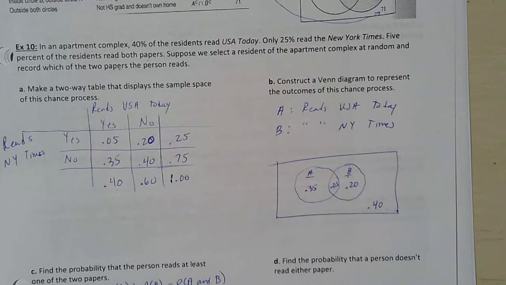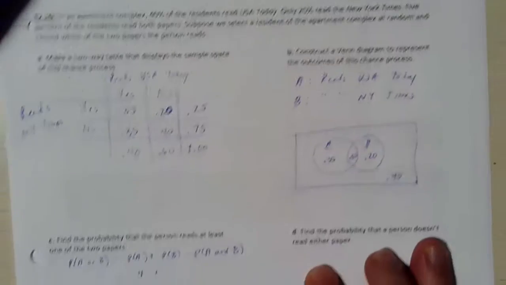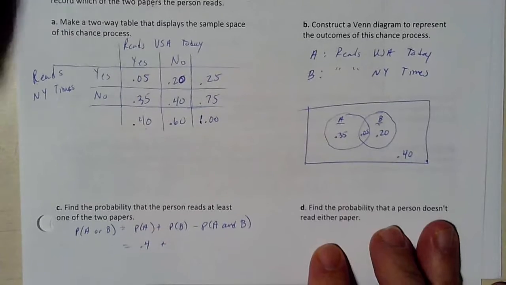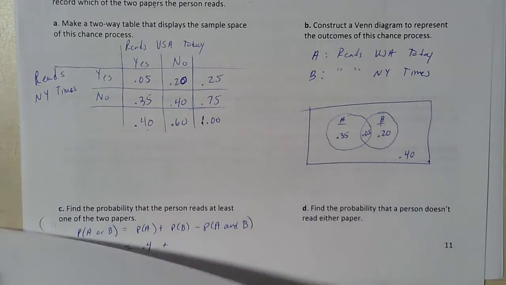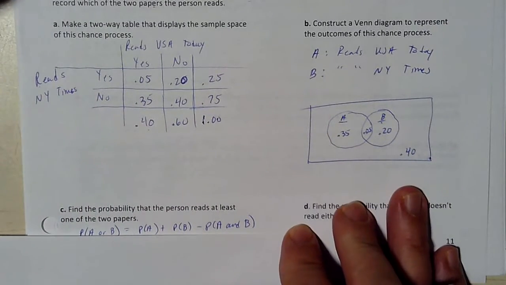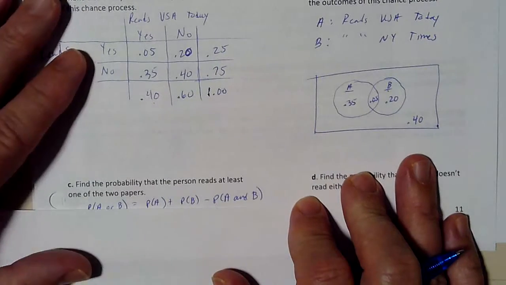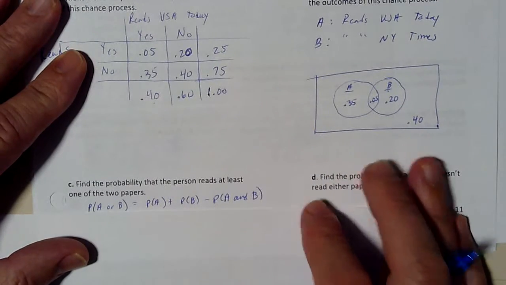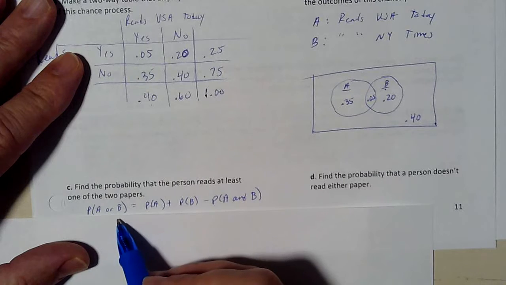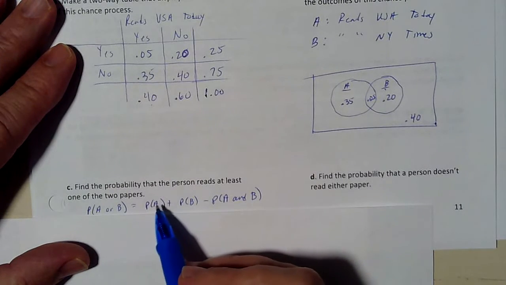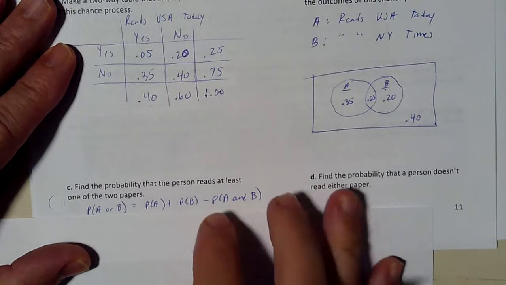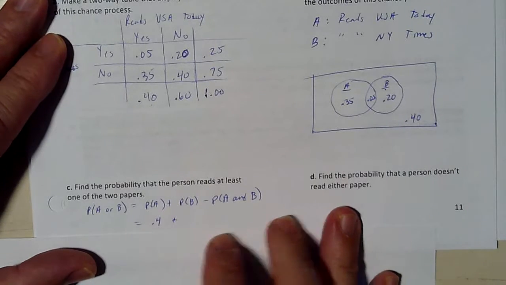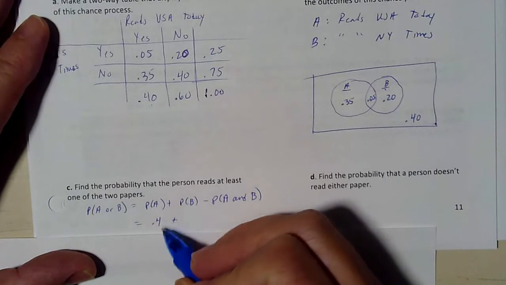All right, let's go ahead and take a look at C. Find the probability that the person reads at least one of the two papers. So that's one or the other, or possibly both. Okay, so we can use the general addition rule. Probability of A plus probability of B minus the probability of A and B. So let's grab our numbers here.